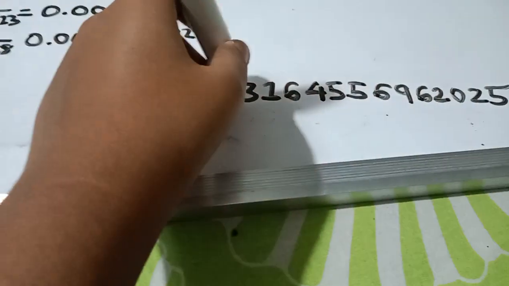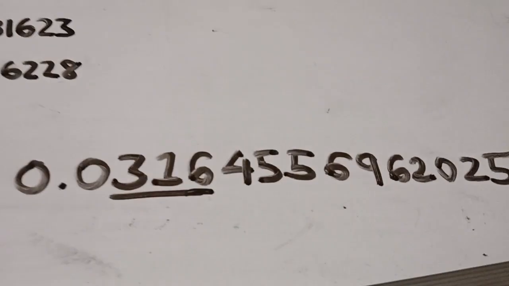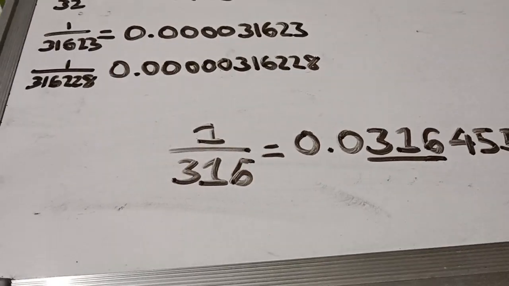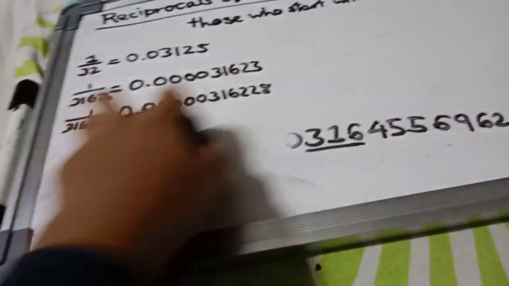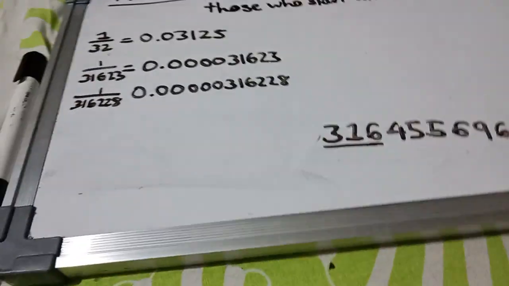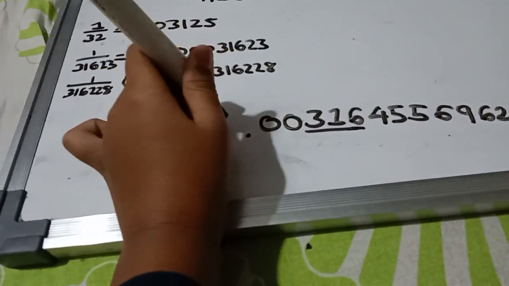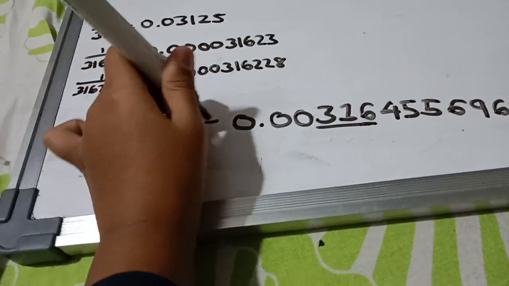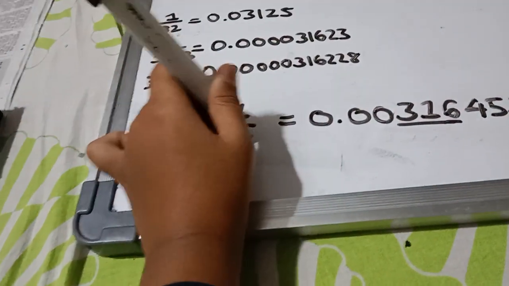Well, as you can see here, this also has 316 at the start, because the same is the case with 3162. No, I forgot to add an extra 0, so now it's better: 0.00 is equal to 1 divided by 316.